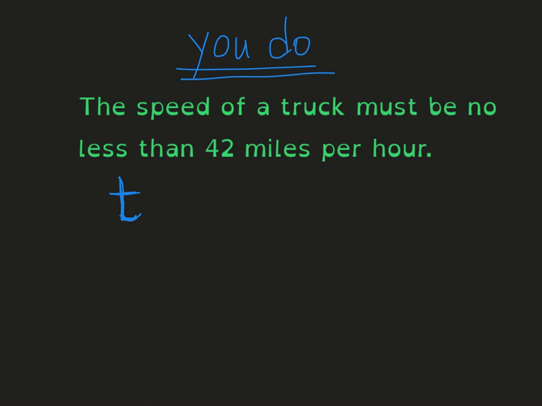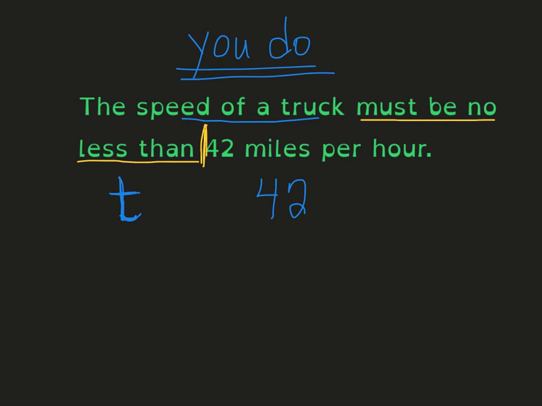Okay, so the speed of the truck. Now, my number is 42. Now, let's look at the clue. It says must be no less than 42. Think about what that means. No less than 42. Can it be 40? No, because it said no less than 42. So that is the stopping point.